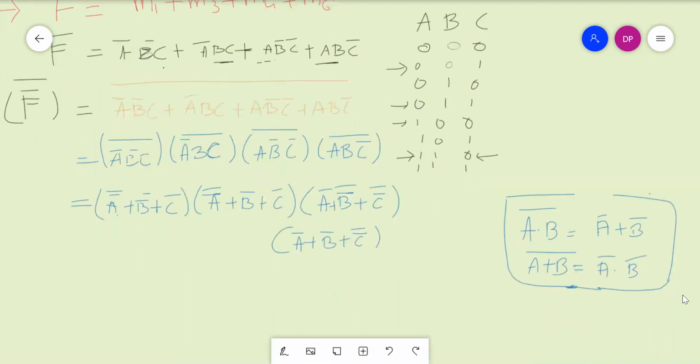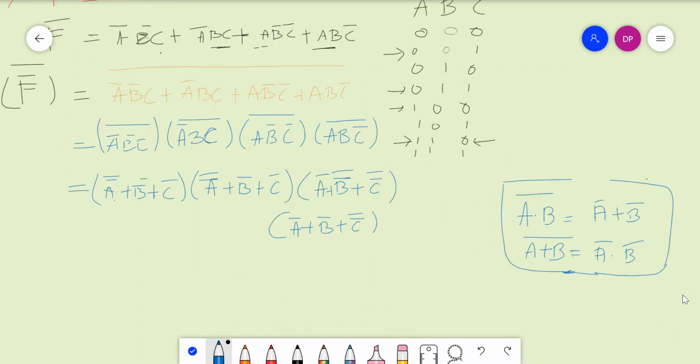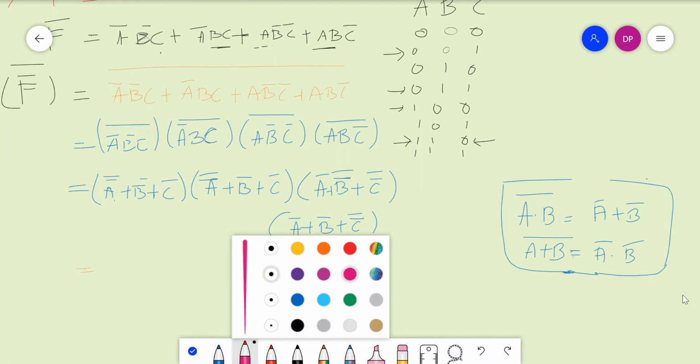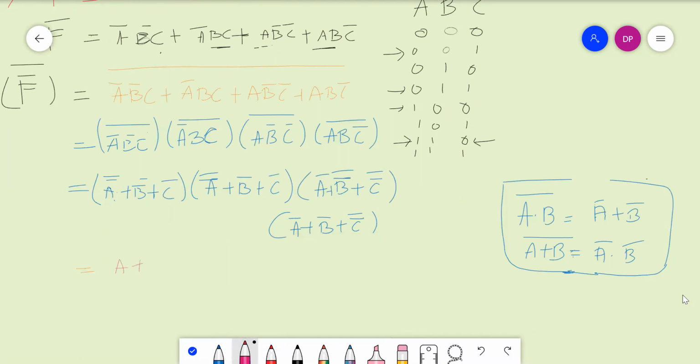Then we can write: this is A plus B plus C bar, and A plus A bar plus B bar plus C bar, this is A plus C bar, plus C bar, right.